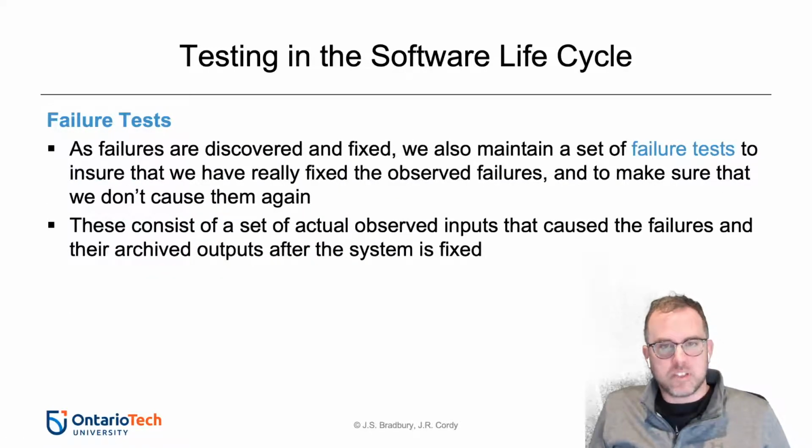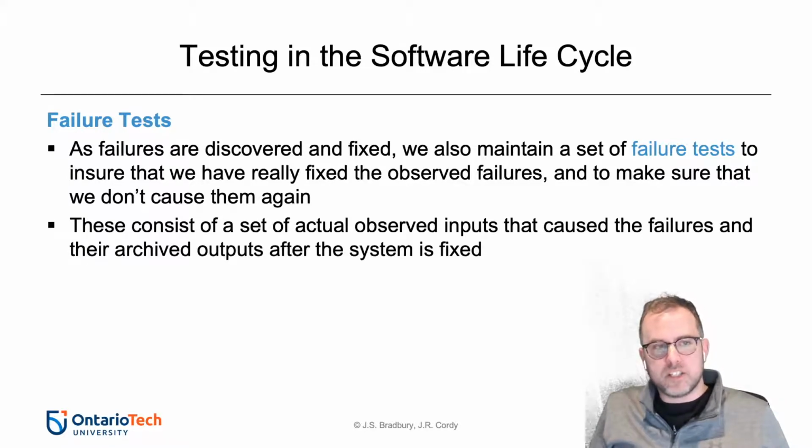Now, there's also another type of test. So that's what we call regression tests. There's another type of test that we're also interested in during maintenance, and those are called failure tests. As the software fails, because inevitably your software is never going to work perfectly all the time, as you discover and fix failures, it's important to maintain a set of failure tests.